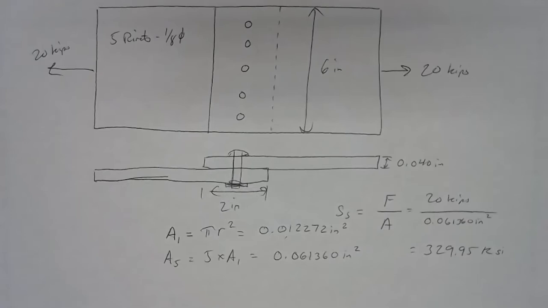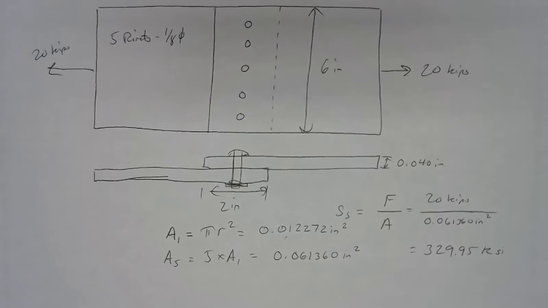For aluminum, let's say 6061, which is a pretty strong aluminum alloy, the ultimate shear strength is only 27 KSI. So here I'm loading this up to 329.95 KSI, which means these rivets are going to shear through, and I'm going to have a broken airplane. The shear stress is too high.